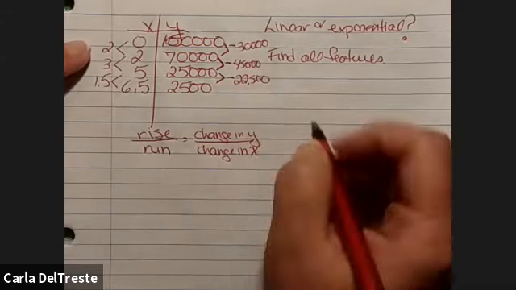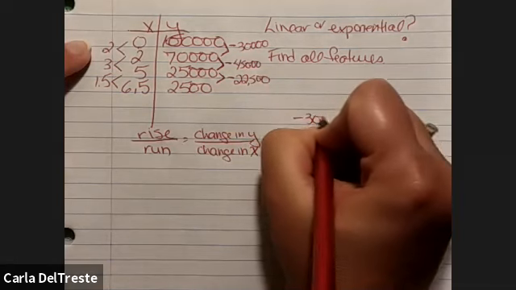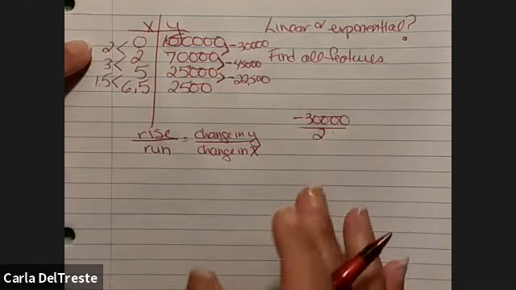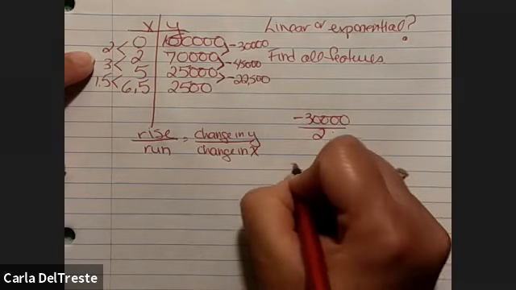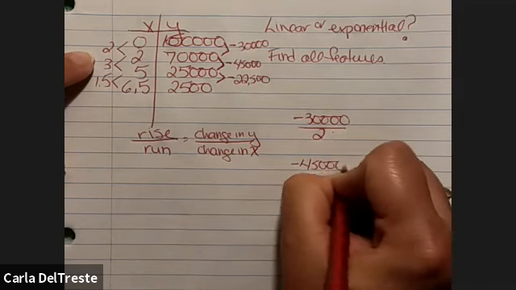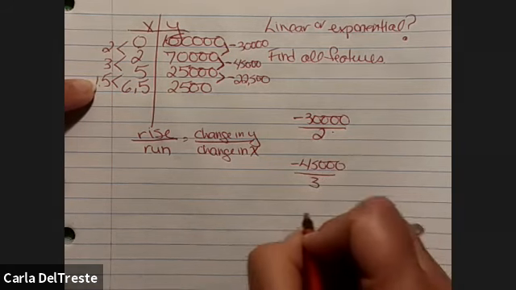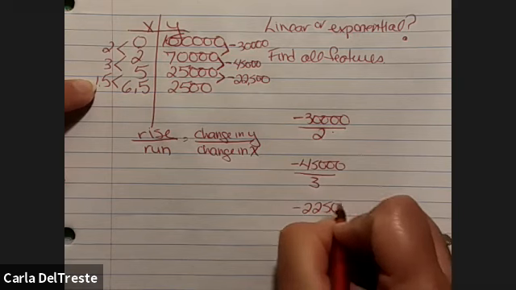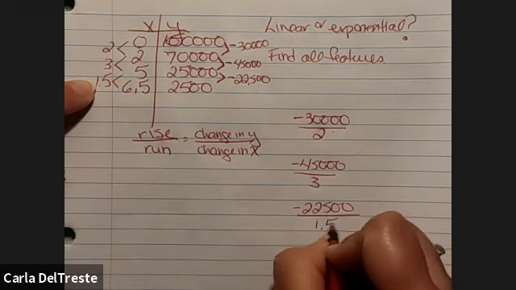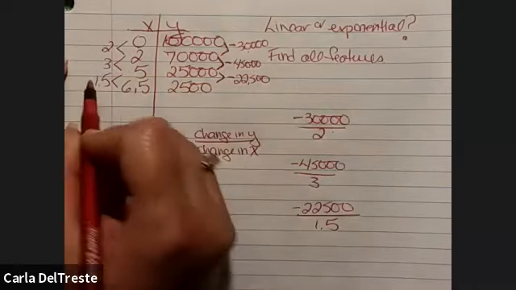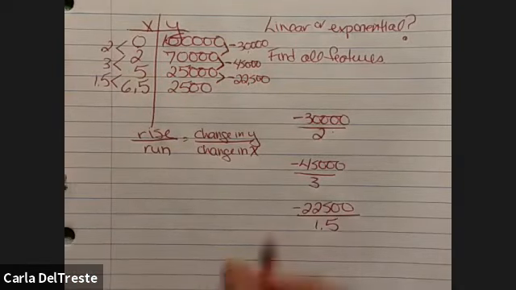So I need to see if negative 30,000 over 2 causes the same change as negative 45,000 over 3 and the same change as negative 22,500 over 1.5. I need to see if these changes cause the same pattern.